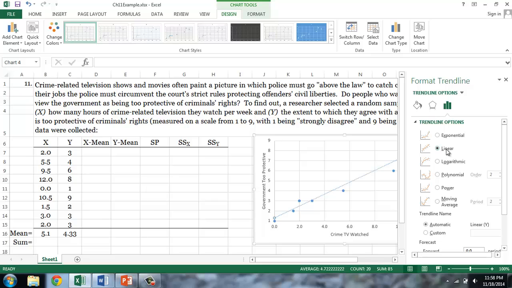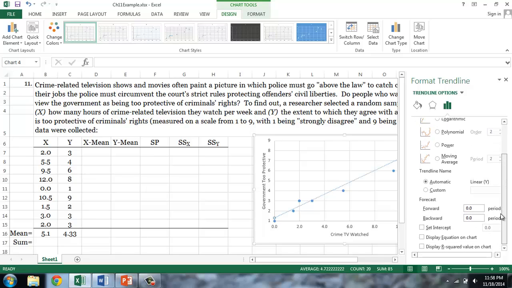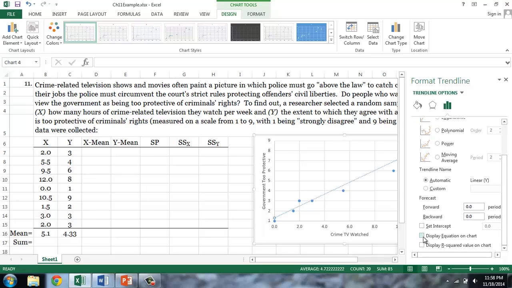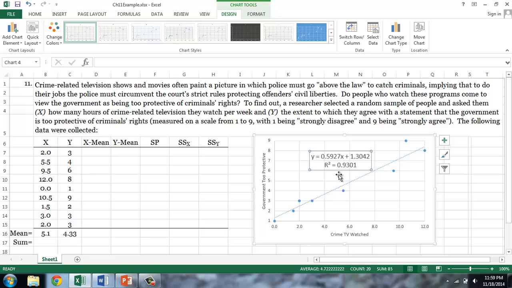We'll stick with linear, and I'm going to select display equation on chart and display R squared value on chart, and then close this menu. This is our regression equation, and R squared is our coefficient of determination. I'm going to go over how to calculate these two values by hand so you know where they came from.